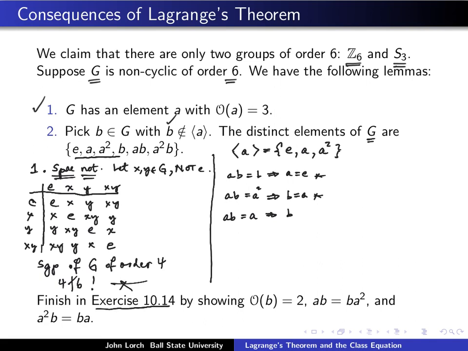That again says B is the identity, but B can't be in that subgroup generated by A, and E is in that subgroup.